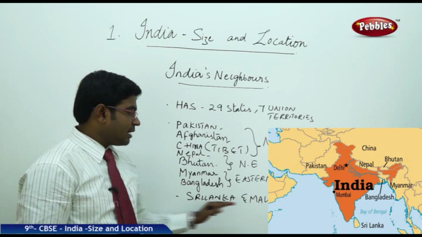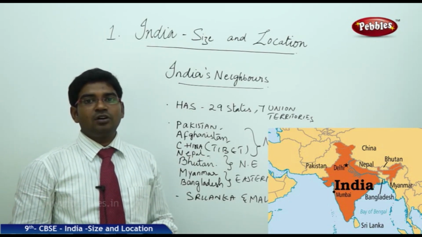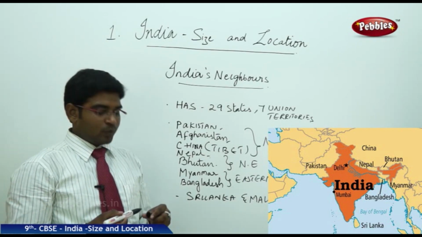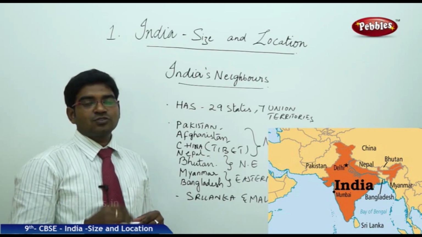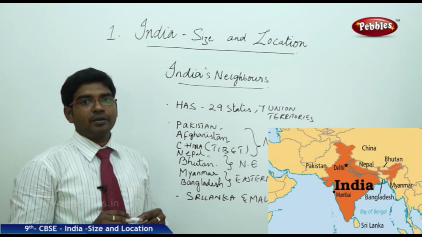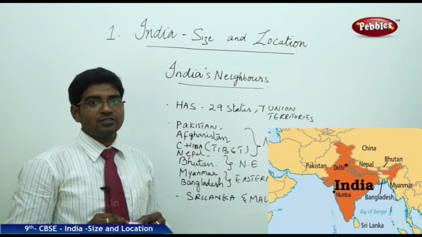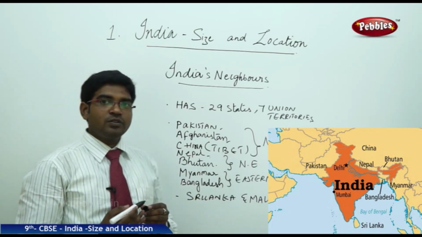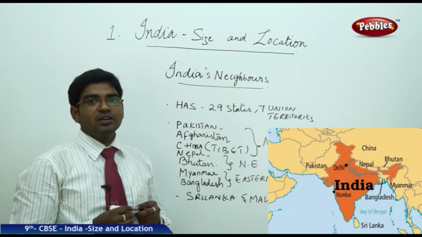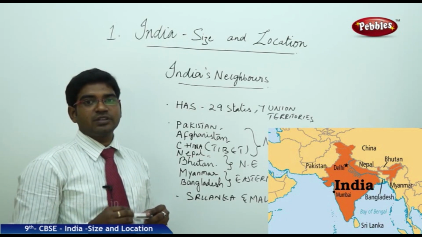Sri Lanka and Maldives, the two island countries, are located on the southern part of India in the Indian Ocean, where Sri Lanka is separated from India by the Palk Strait or the Gulf of Mannar, while south of the Lakshadweep Islands we have the location of Maldives. These are the Indian boundaries which brought a special position for India strategically.